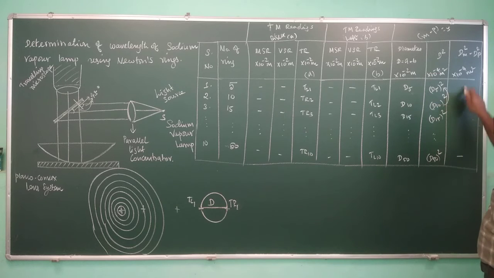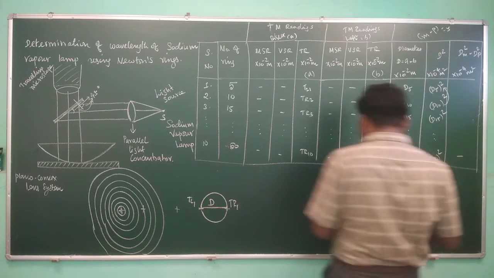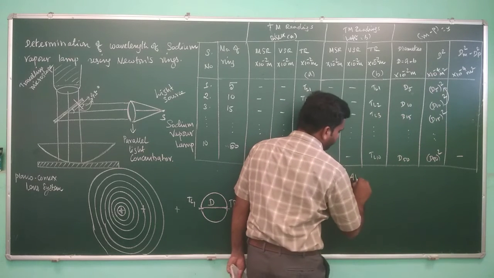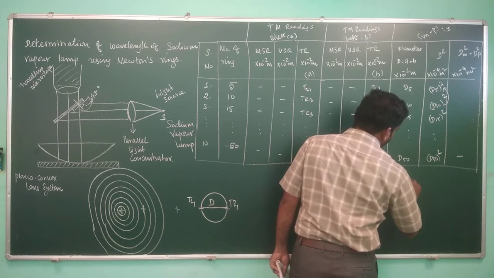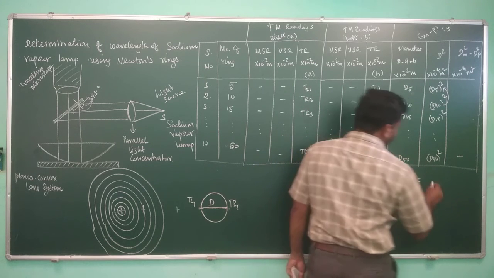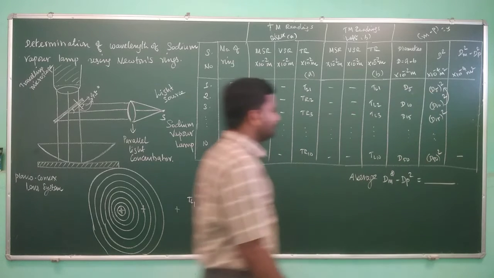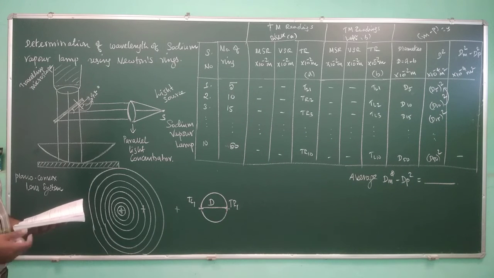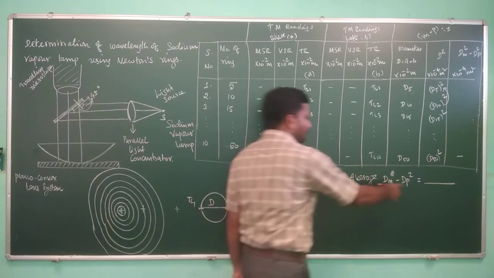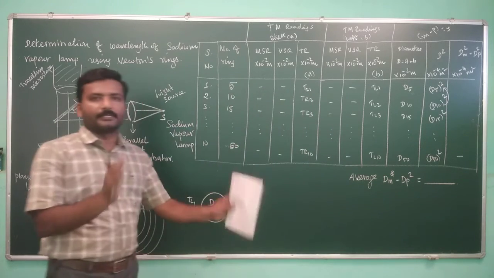So you will get 9 readings. Let's take the average of Dm square minus Dp square. That will give you the difference in the diameter of the 5 rings.